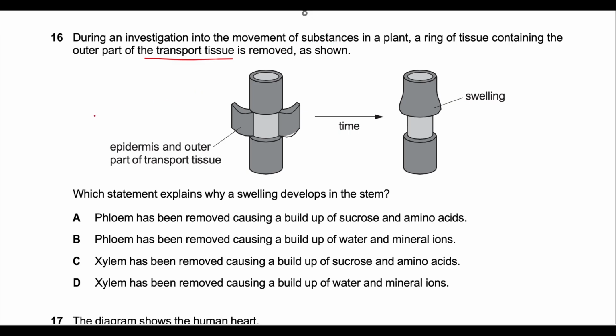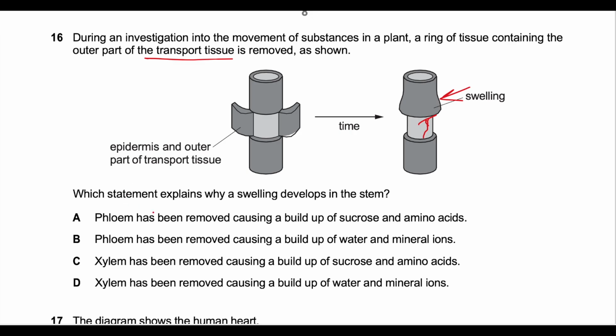Okay, now which statement explains why a swelling develops in the stem? This part. Actually, once they mentioned that the outer and we have a swelling, actually the xylem is in the middle, so the water is still moving.